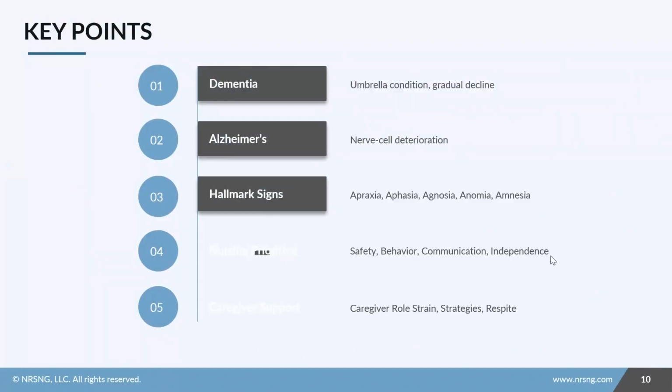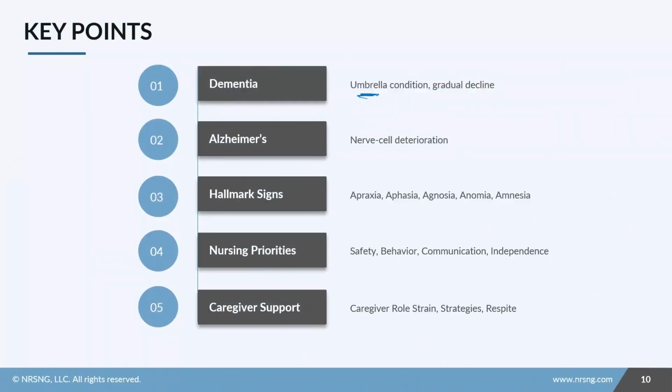So let's recap quickly. Dementia is an umbrella condition of gradual cognitive decline. Alzheimer's is a type of dementia that involves progressive and irreversible nerve cell deterioration. Remember that cerebral atrophy you saw. The 5 hallmark signs of Alzheimer's are the 5 A's: apraxia, aphasia, agnosia, anomia, and amnesia.